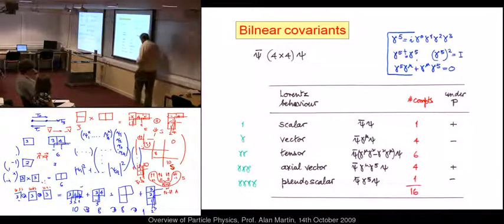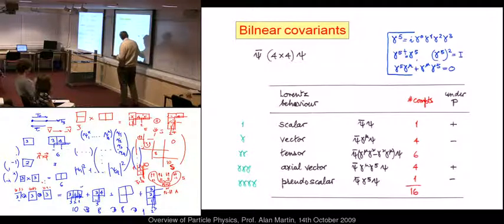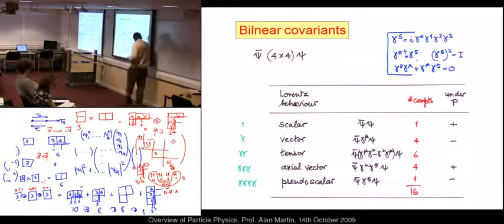When we get down to putting 4 gamma matrices in together, if any 2 of these are the same, it will just reduce to this one. So they've got to be 4 different ones here, so that's just gamma 5. And there's only one possibility here, putting 4 in, and so we just get 1. And it's the opposite parity to a scalar, so it's called a pseudoscalar.